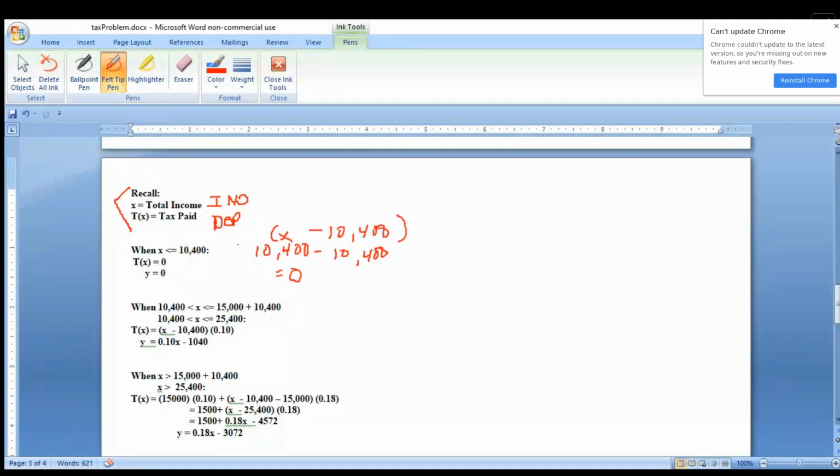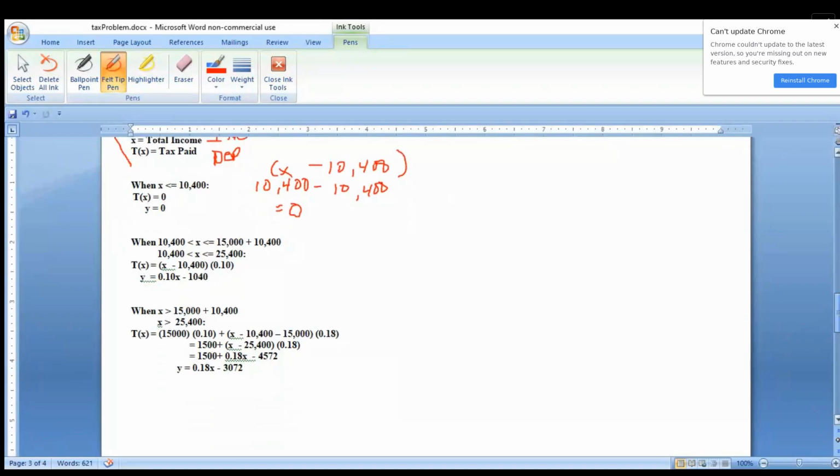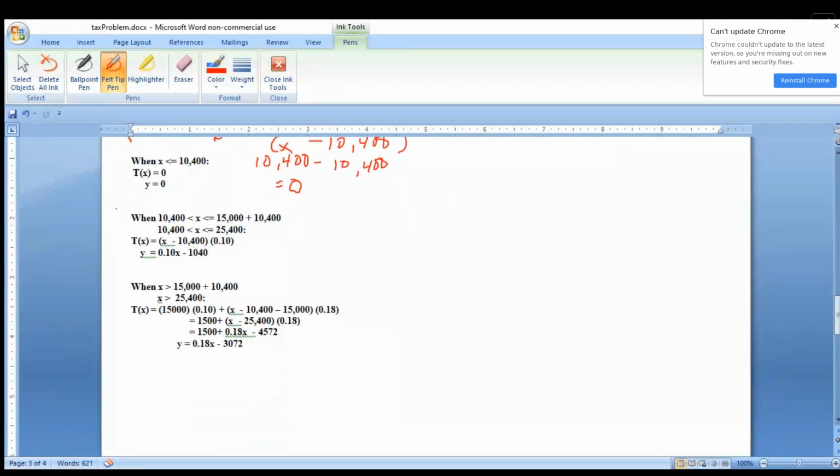So that's one scenario. And then when our total income is bigger than 10.4, if say it's 10,401, but it's smaller or equal to 15,000 plus that perk.